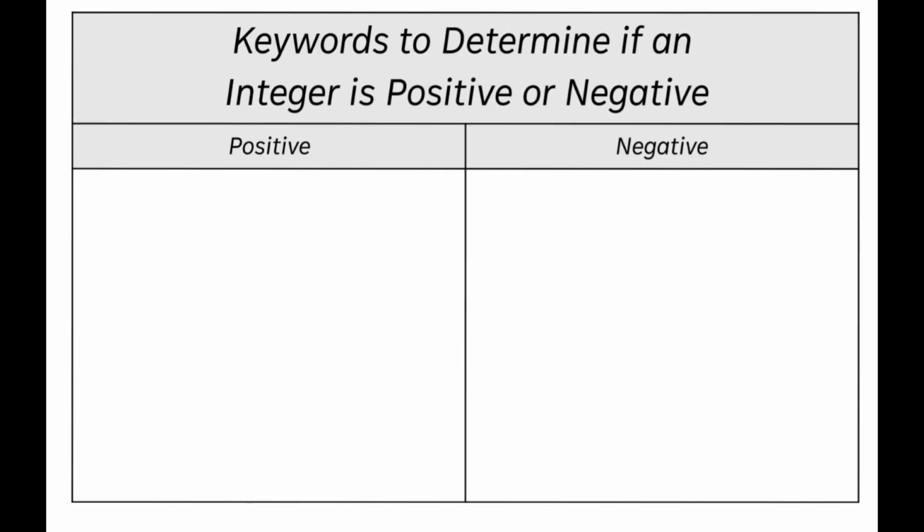Now let's go over some words or phrases that will help you determine if your situation will reflect a positive integer or a negative integer. So let's start with the word deposit. When you deposit money into your bank account, the amount of money in your bank account will increase, reflecting a positive situation.